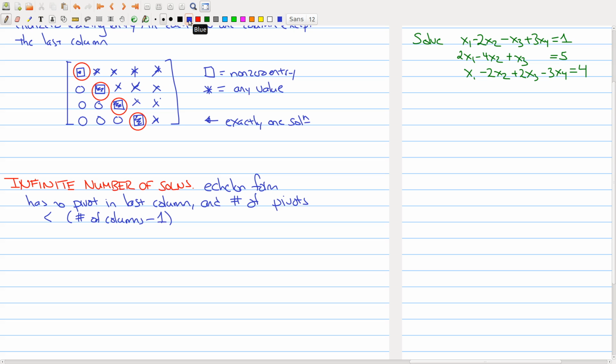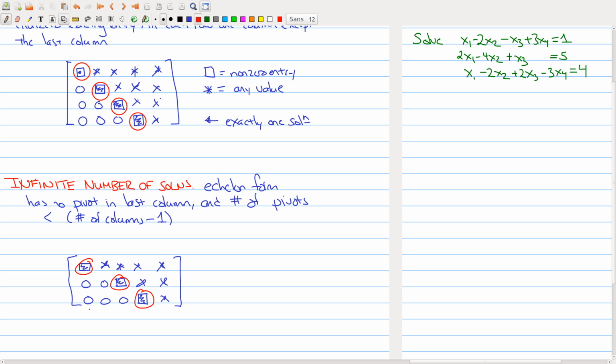Okay, so let me just do an example of kind of the shape of the matrix, just like what we did above. So you could have a matrix that looks like this. Here is my non-zero entry. Maybe I have a non-zero entry right here. Okay, so in this example right here, I'll circle my pivots. Here are all my pivots. And what I have is I have no pivot in the last column.